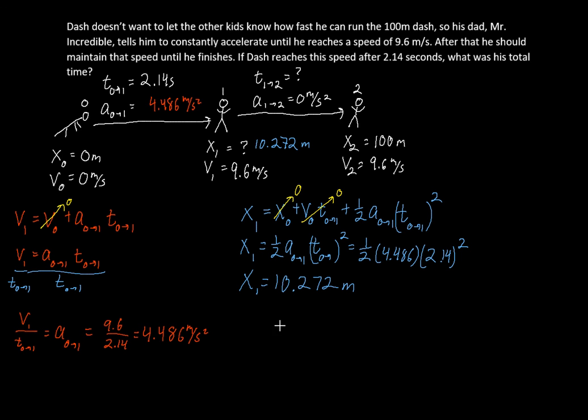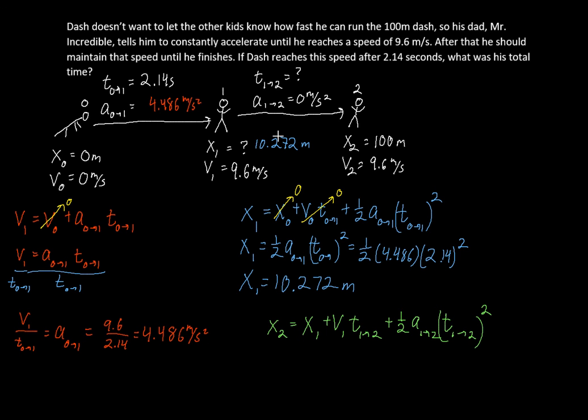So looking through our equations, what we have and what we want, we can say x2 is equal to x1 plus v1 t from 1 to 2, plus 1/2 a from 1 to 2, t from 1 to 2, quantity squared.